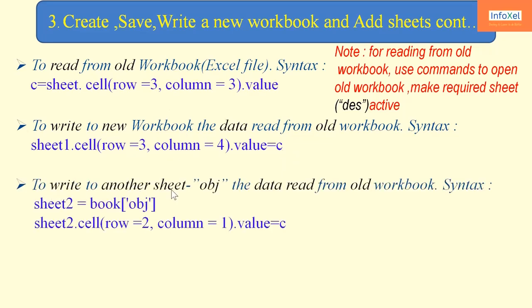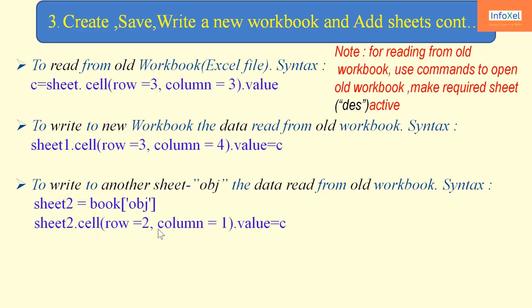To write to another sheet, the OBJ sheet, two commands are required for the data read from the old workbook. First command, you have to make the OBJ sheet active. This is the command for that one.